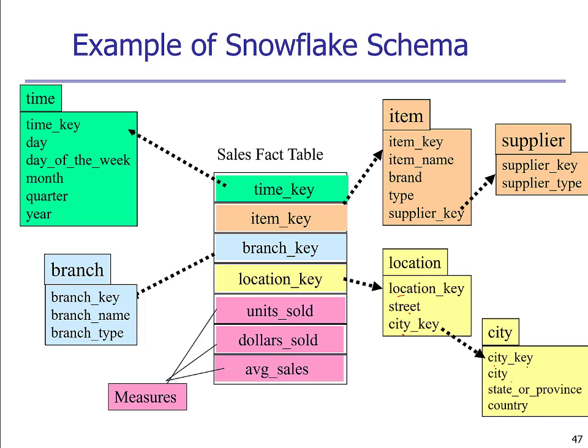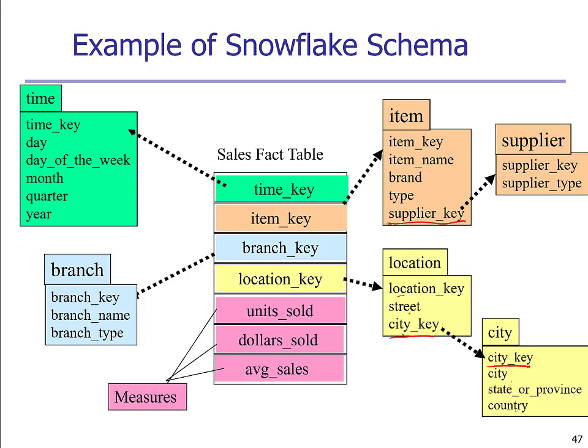Another is city key, city, state, and country. So this is the foreign key, and this is the primary key. Similarly for the item, we now decompose it into 2 tables using supplier key as the foreign key and primary key to link these 2 tables.